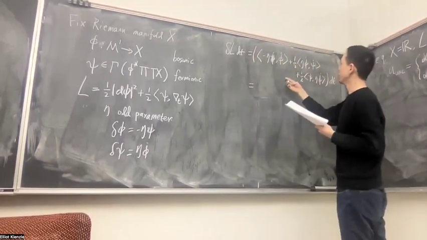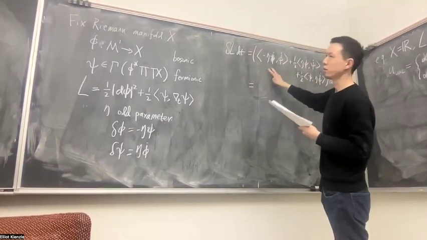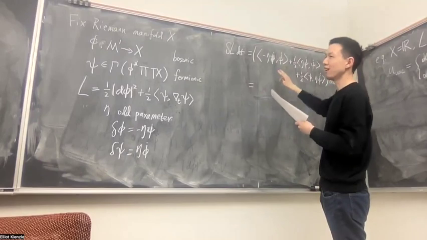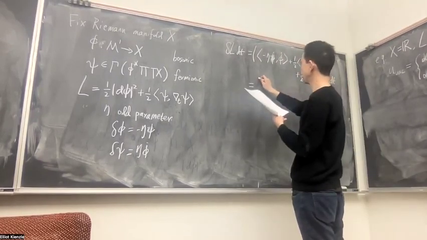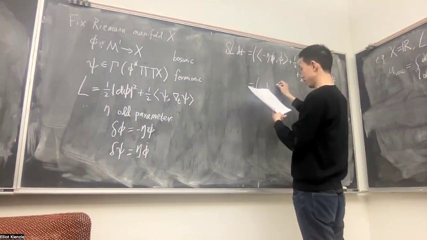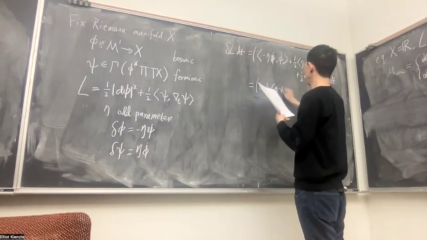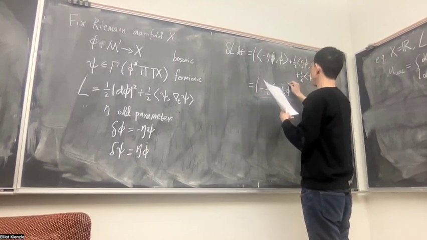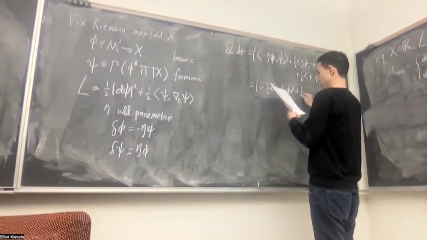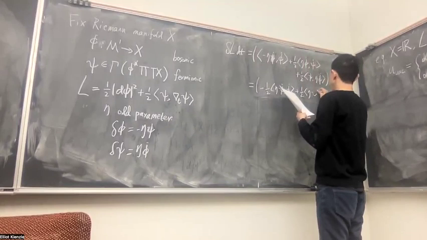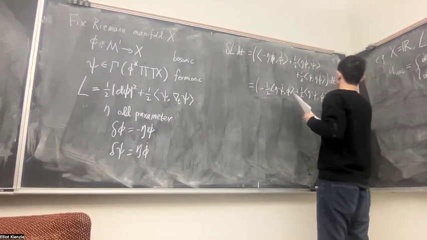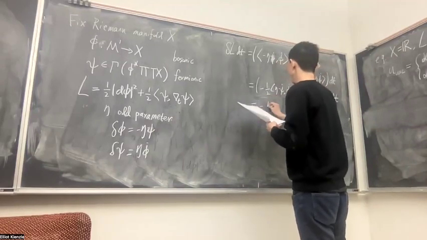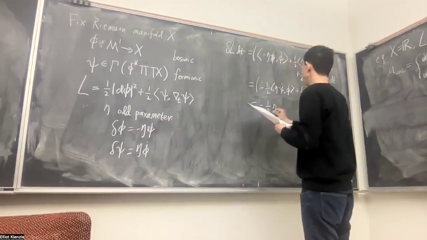And if you follow the rules that when you exchange two odd variables you pick up a minus sign, you will see that this is actually equal to minus a half eta phi dot phi dot, which is going to be a total derivative.